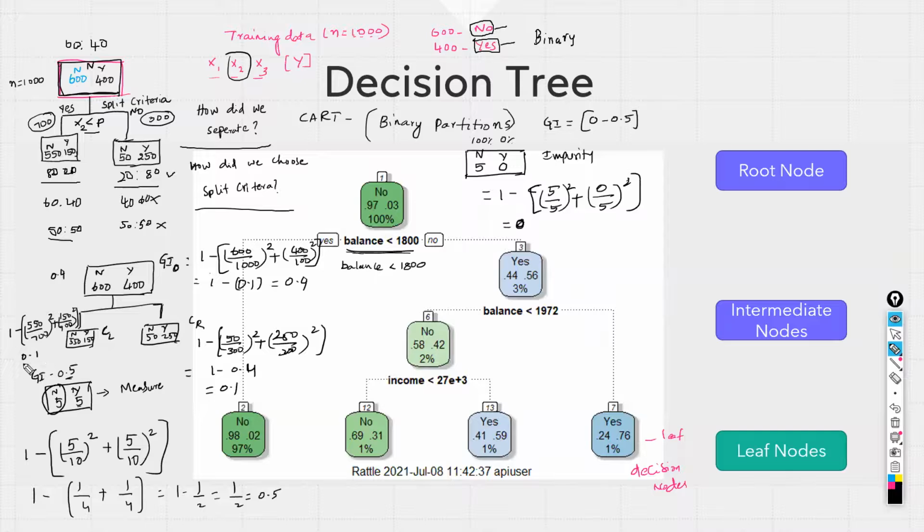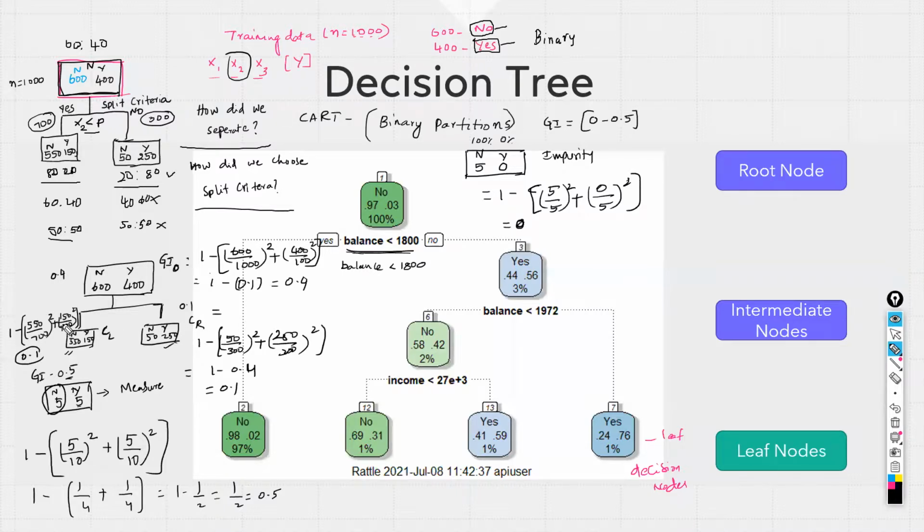On the left-hand side, we got 0.1. On the right-hand side also, we got 0.1. But we have to measure if the overall split is good. It's not about whether this node is pure or this node is impure, right? So for the split, we generally take an average of these two.